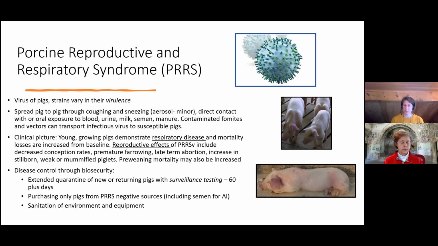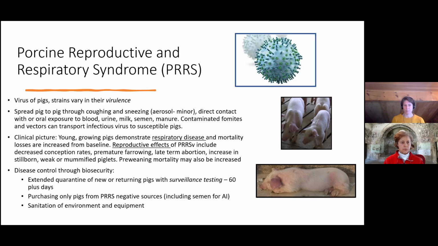But the other thing that you can do in cooperation with your veterinarian is conduct surveillance testing of the pigs in quarantine to see if they've been exposed to PRRS, or perhaps if there are any mortalities in that quarantine group, to perform some targeted testing to see if you can detect this virus.